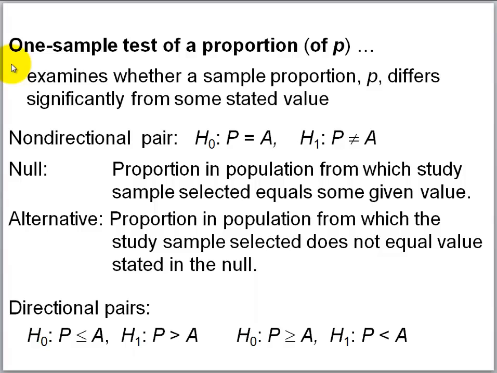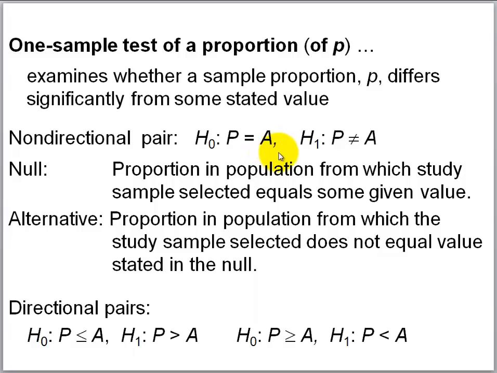This test examines whether a sample proportion p differs by more than would be expected from chance alone from some stated proportion, which is to say some stated value. For the non-directional pair, the null would state that the proportion in the population from which the sample is randomly selected does indeed equal the stated proportion or stated value.